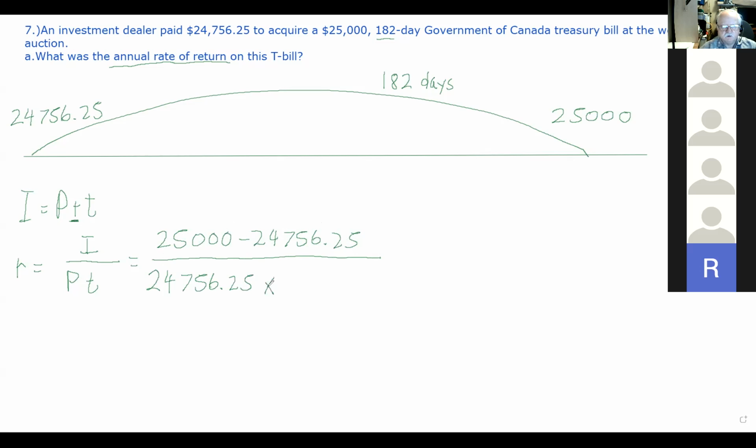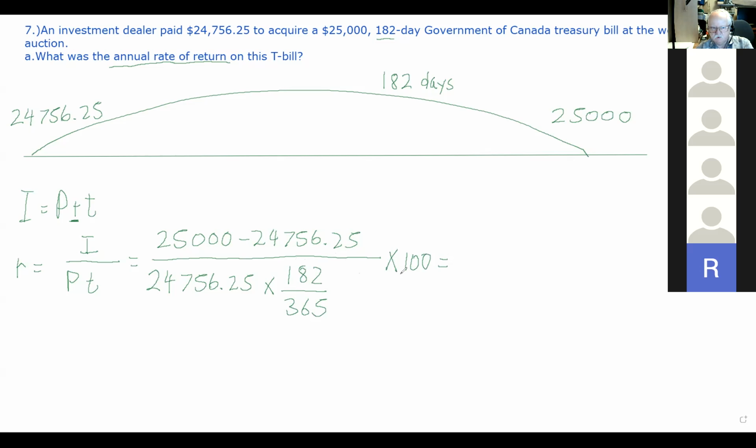Times the time of 182 over 365. And once we're finished all this nonsense, we're going to have to multiply it by 100 to turn it into a percentage. And so the first thing I would do is figure out what this number is at the top.